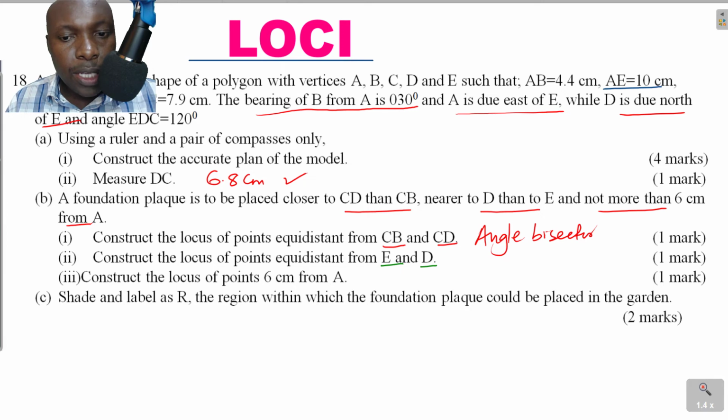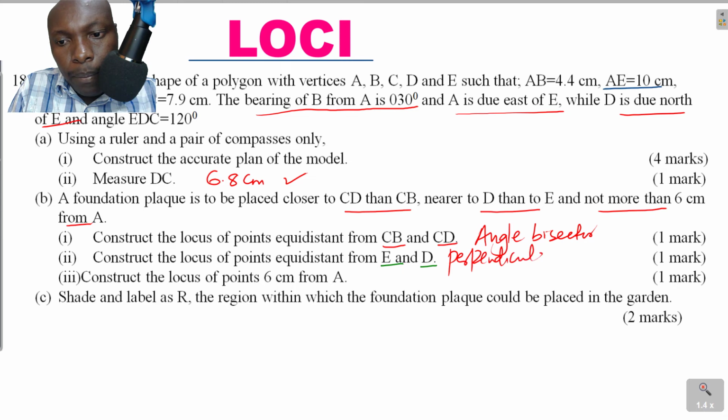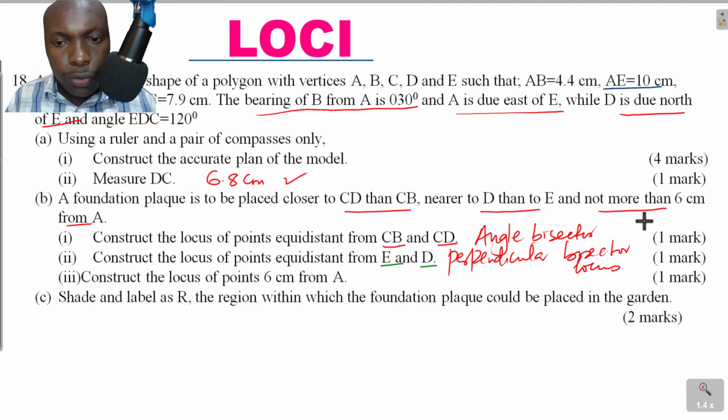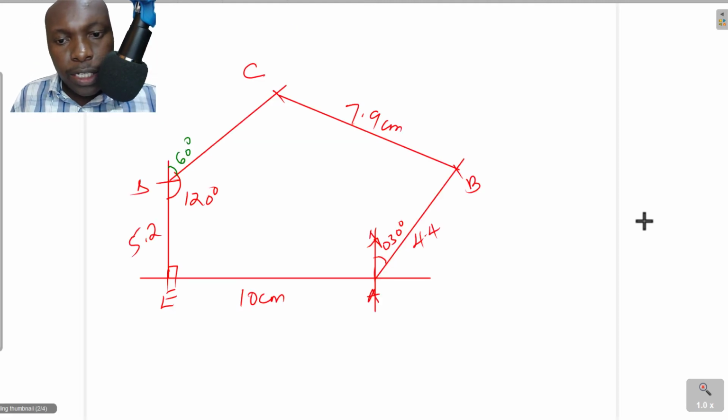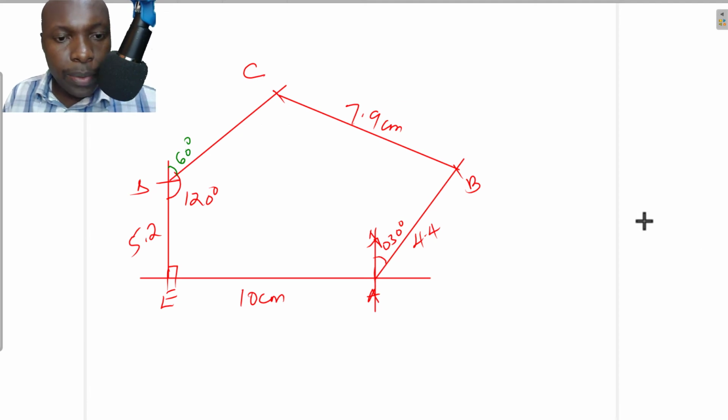The two fixed points here are E and D. So to get the locus, we just get the perpendicular bisector of the line ED. So that is the perpendicular bisector locus.